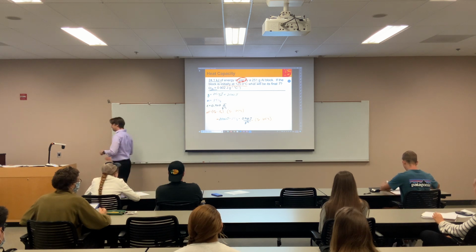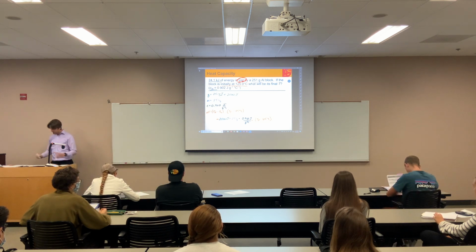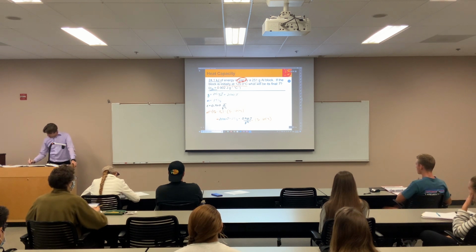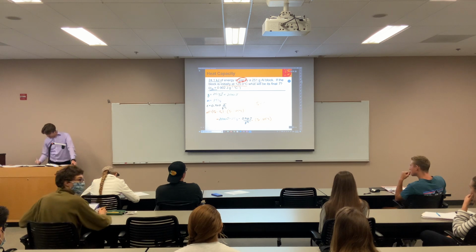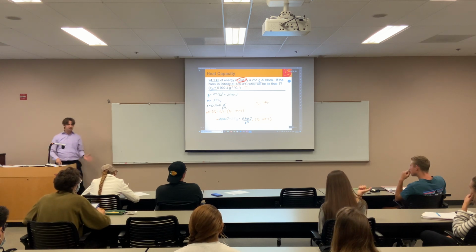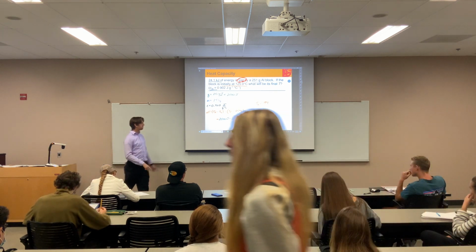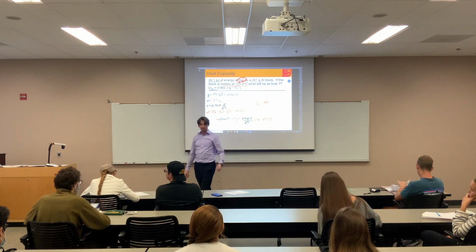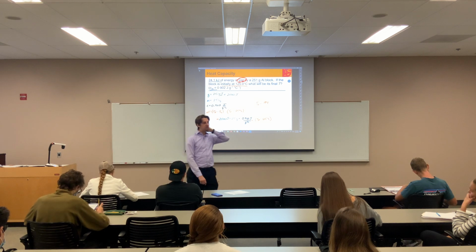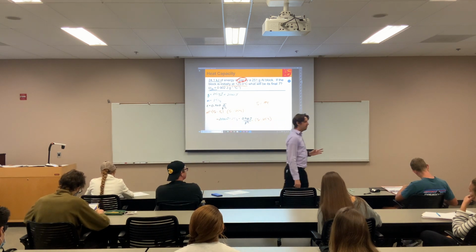So anyway, at the end of the day, what I got for my answer here was T final. Once I solve this out, I got it to be about 19 degrees Celsius, right? 18 point something there, but if we solve for T final here, we should be able to get to about 19 there. Now, let's pause for just a second, okay?